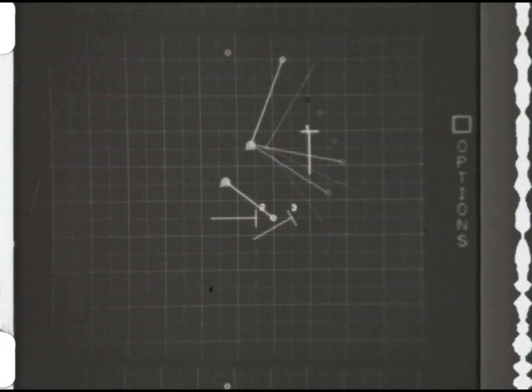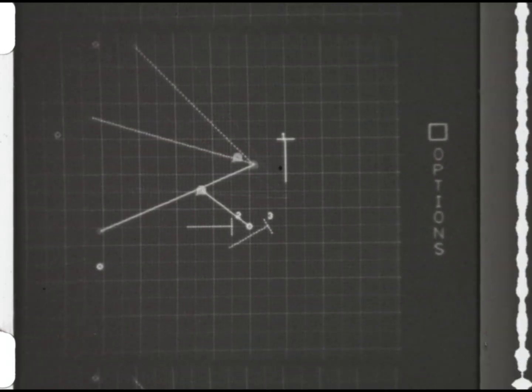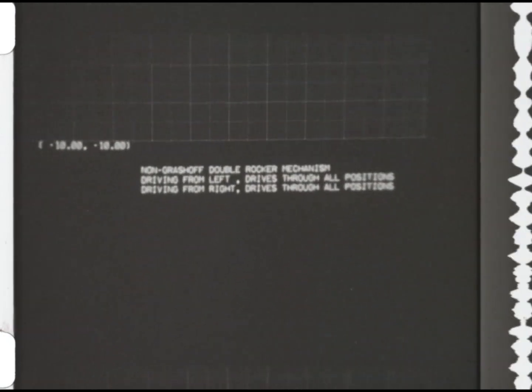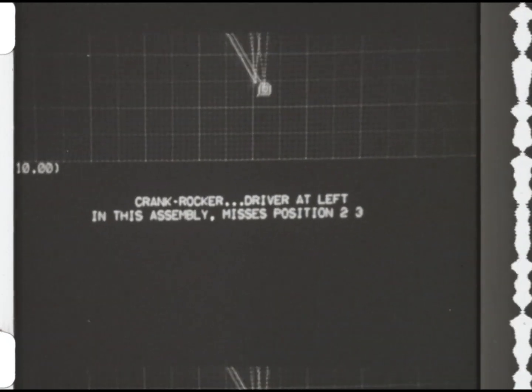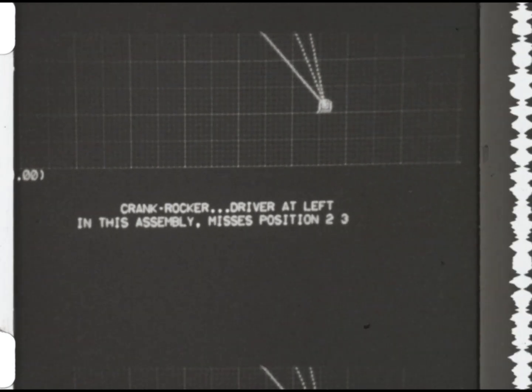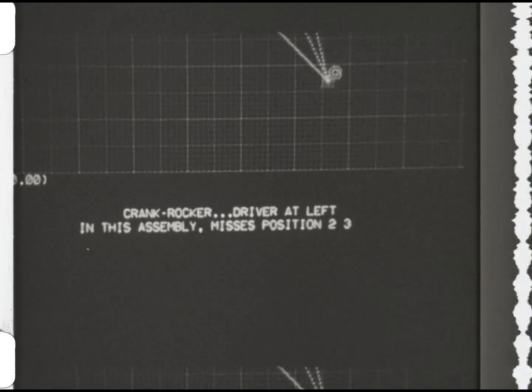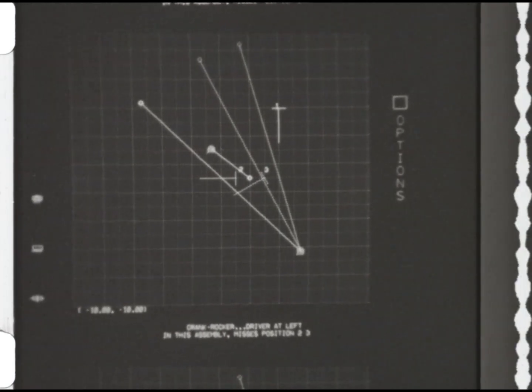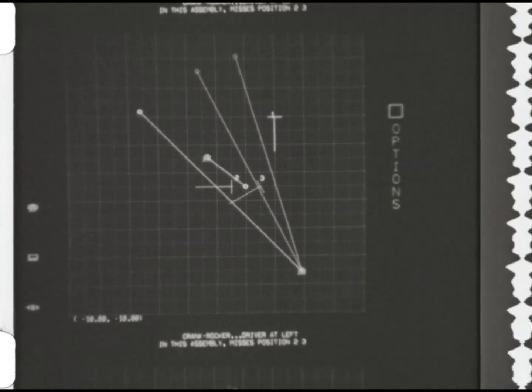As fast as I move my pen around on this tablet, the messages keep flashing over and telling me exactly what kind of linkage I'm looking at on the screen. Here's a crank rocker, driver at left, misses positions 2 and 3. In other words, even though you could assemble this linkage in all 3 positions, it wouldn't move continuously through the positions.